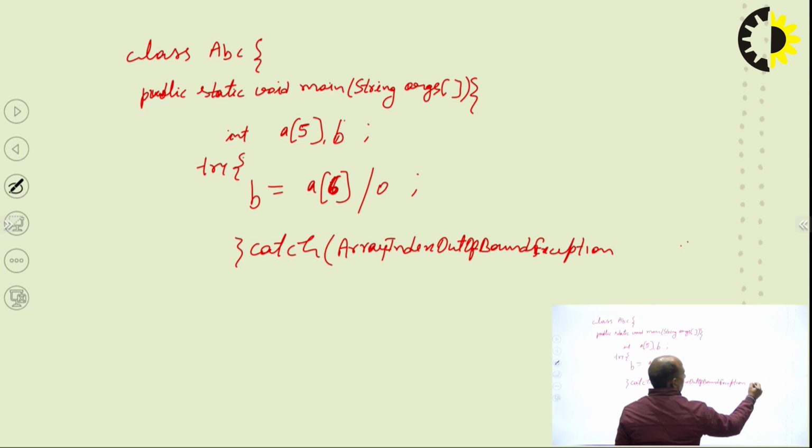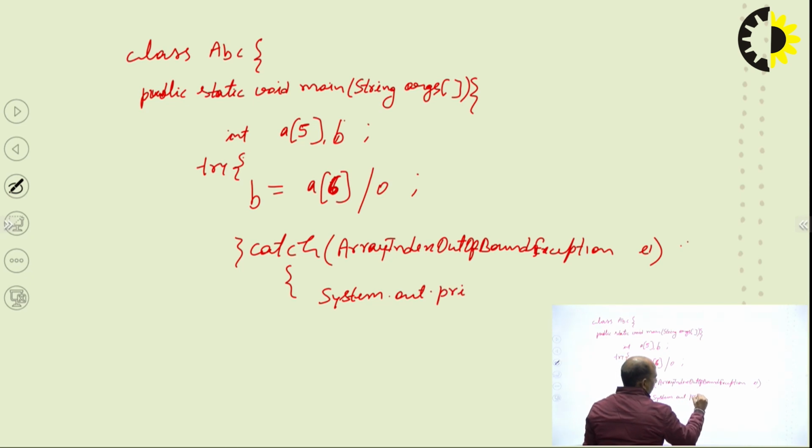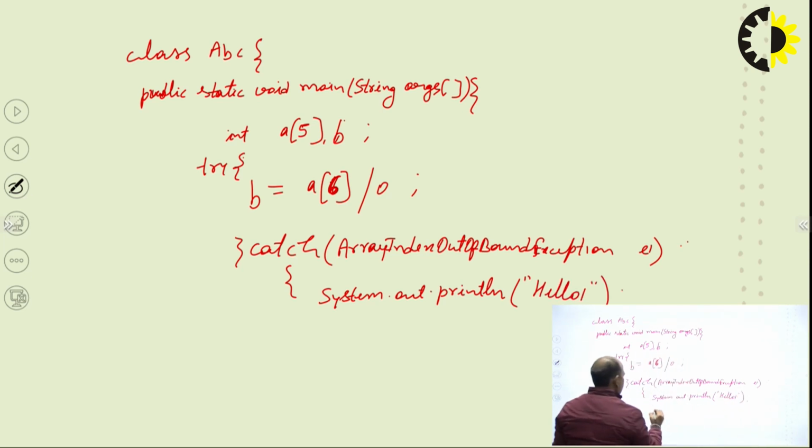Let's say the name of the exception is E1, and here I am writing some message, System.out.println("hello 1").